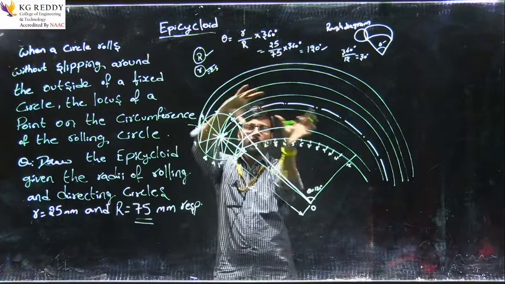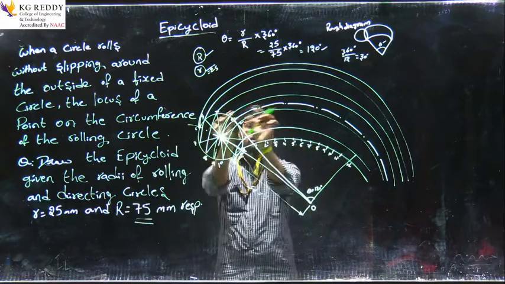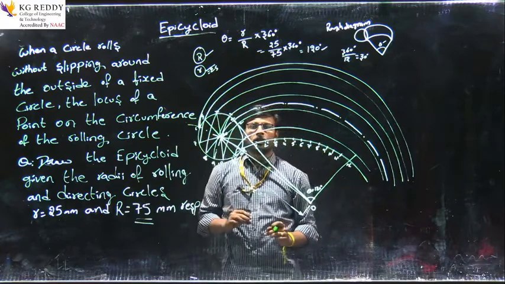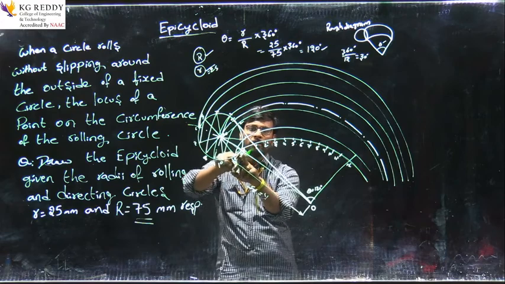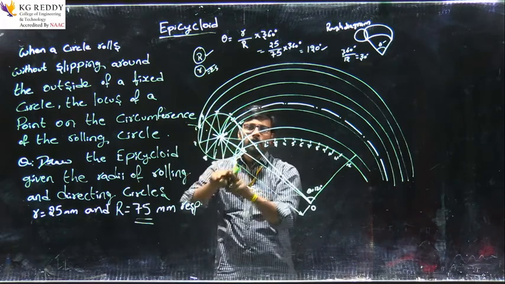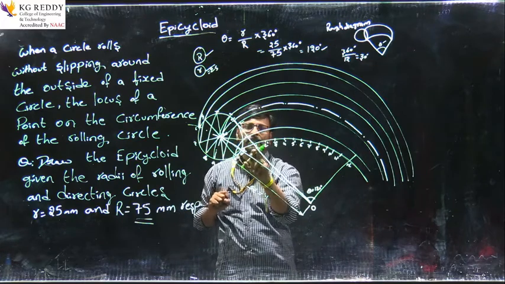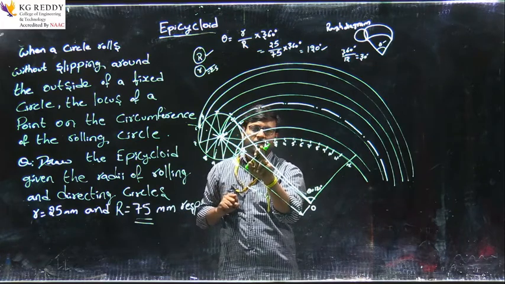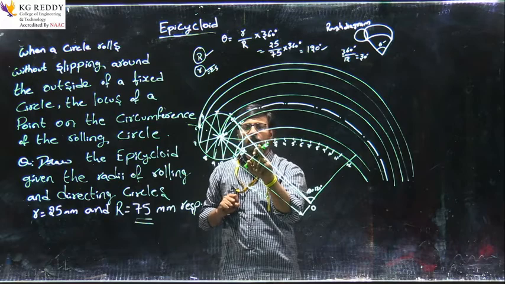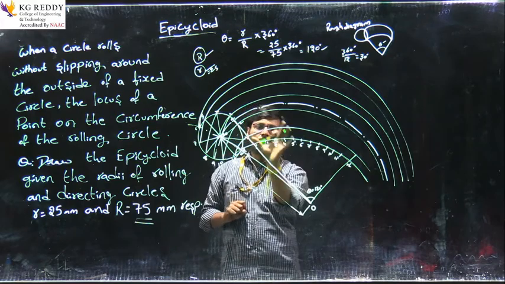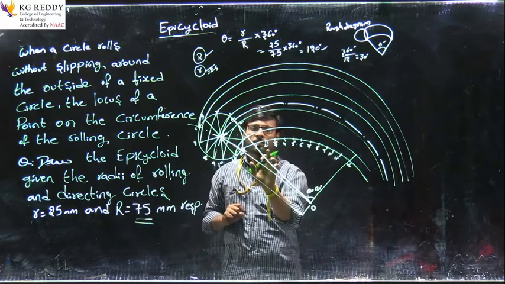While it is rolling on a curved surface, the center is also displaced everywhere, so the point P will also be displaced. So the point 1 on the circumference of the circle roller will touch the 1 dash while it is rolling, and then in the second roll the 2 will touch the 2 dash.